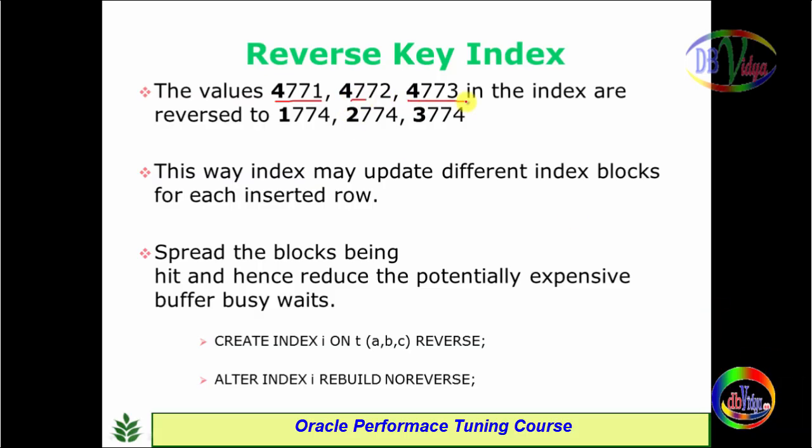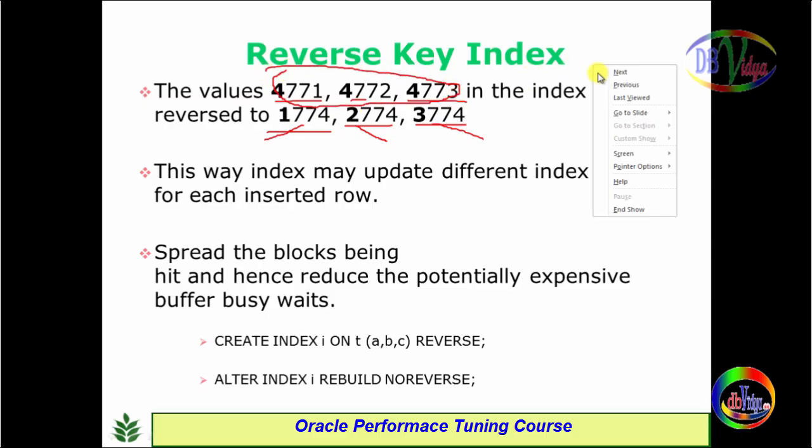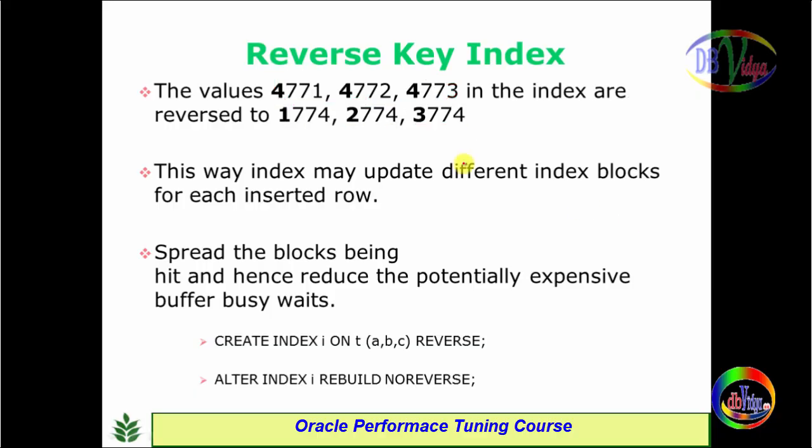Actually, when they reverse, what happens? 1774, 2774, 3774. So definitely this will go to one branch, this will go to another branch, like that, right? In the normal case, all these three values will be in the same data block. But once the data is reversed, it will go to different data blocks, right? In that way, we can try to reduce those hotspots.